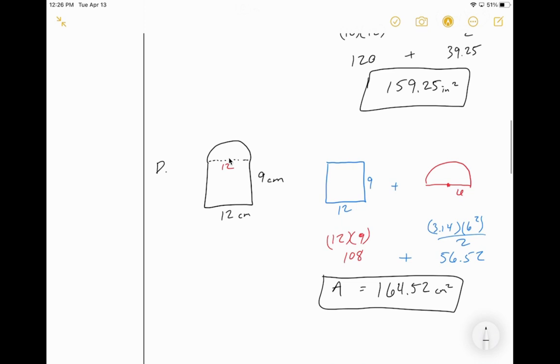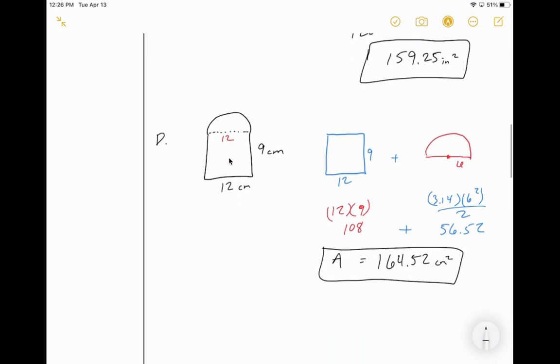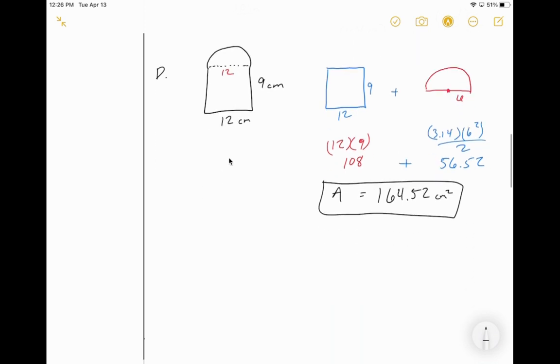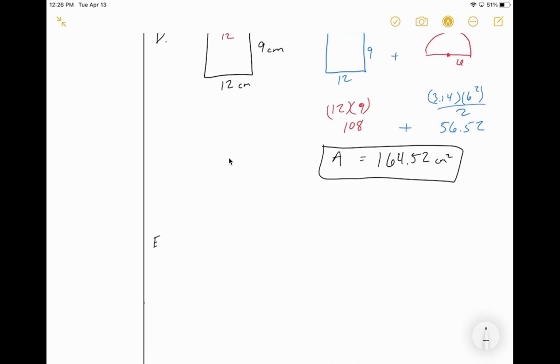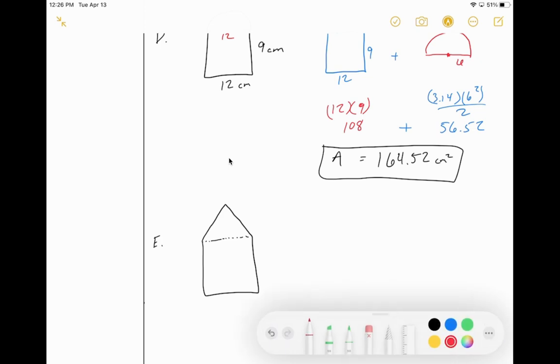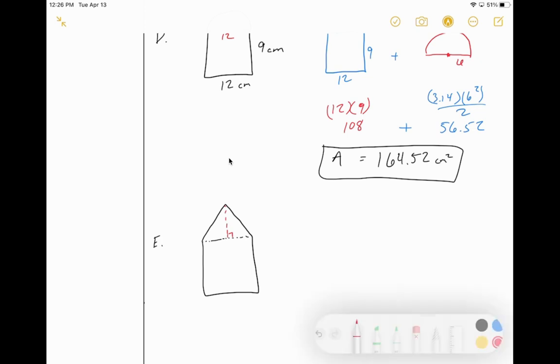I want to give you a different kind of shape now. Let's see if you guys can figure this one out. What if I had a shape that looked like this? Like a house. And let's say for your house, you had these measurements.